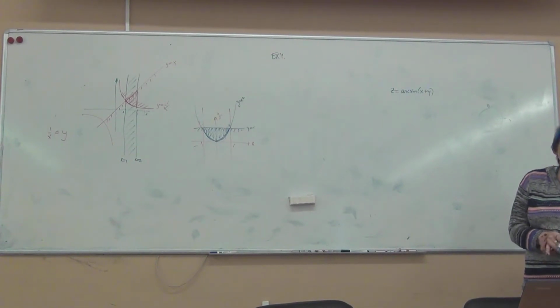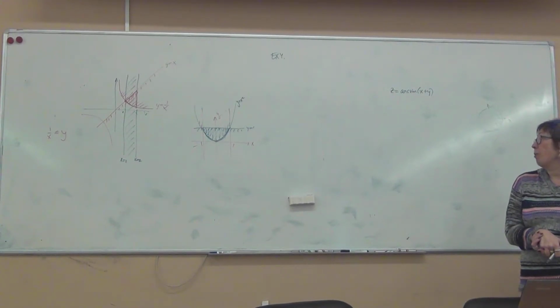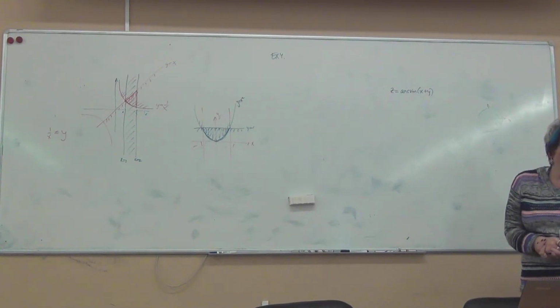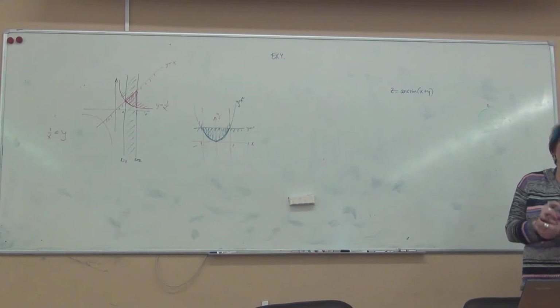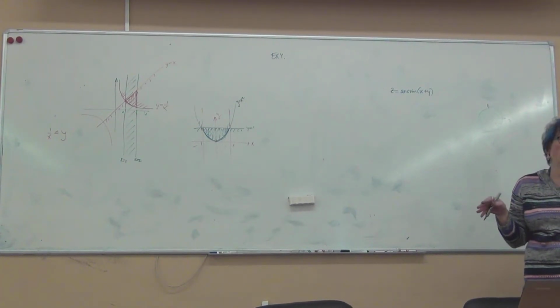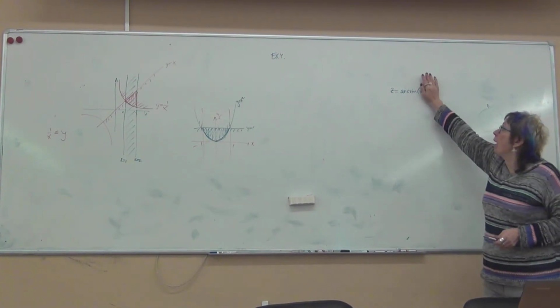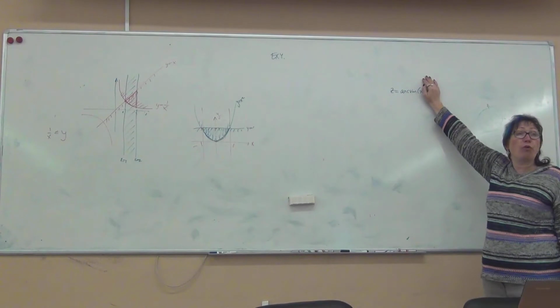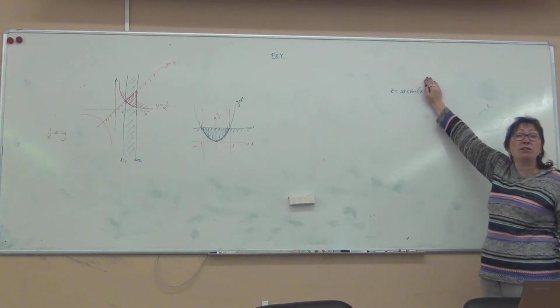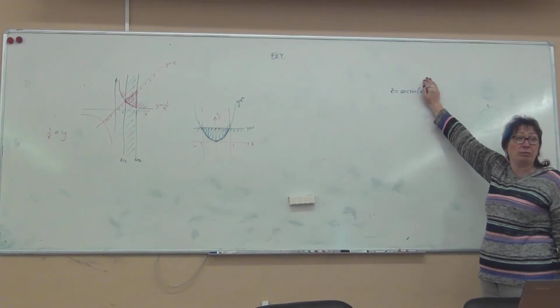Arc sine is the inverse of sine, which means the domain of arc sine is the range of sine function. Remember, if two functions are inverse, then what is domain for one function is the range for the other function. So if I need to find the domain of arc sine, forget x and y, simply the domain of arc sine. For what numbers can we find values of arc sine?